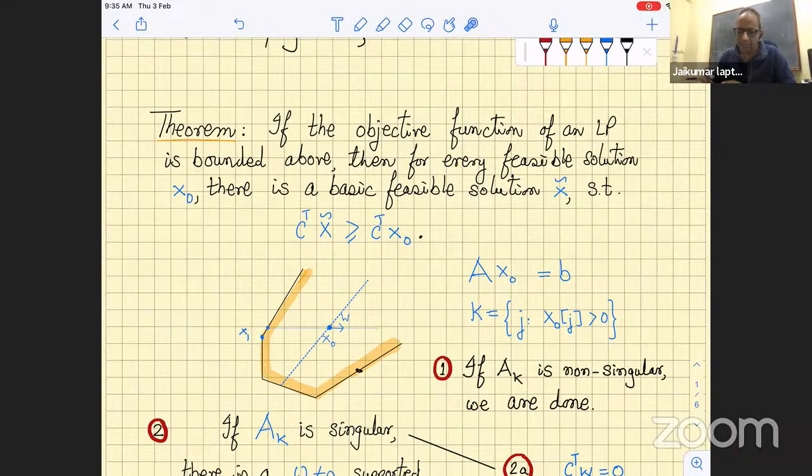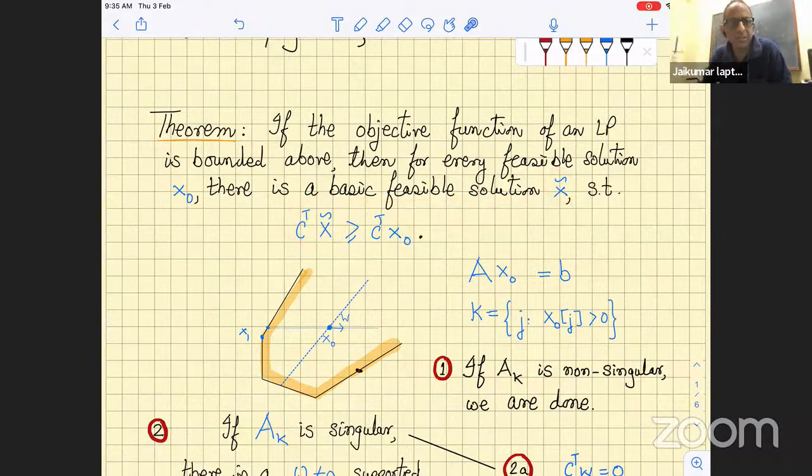Now that argument went through this theorem, which says that if the objective function of an LP is bounded, so we are thinking about maximization LPs, so if it is bounded above, then for every feasible solution x0, there is a basic feasible solution x tilde, which does at least as well.